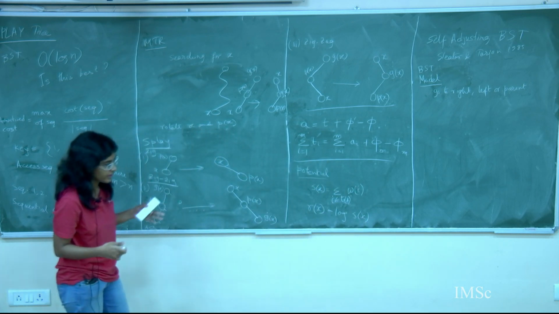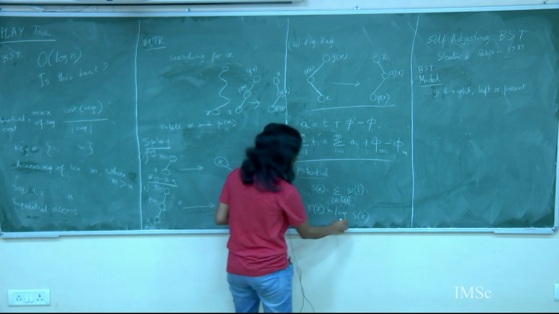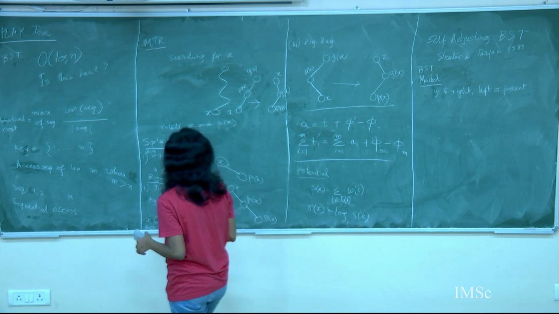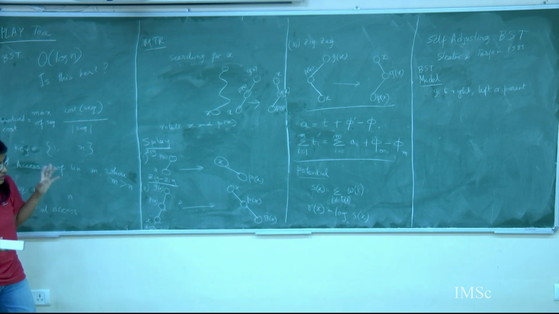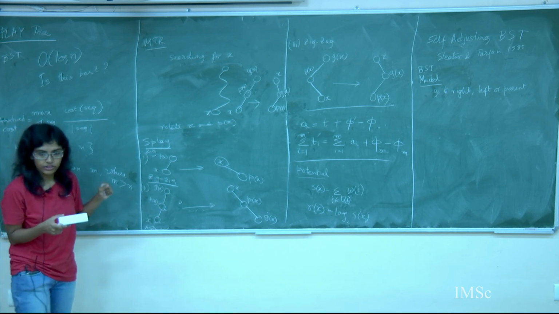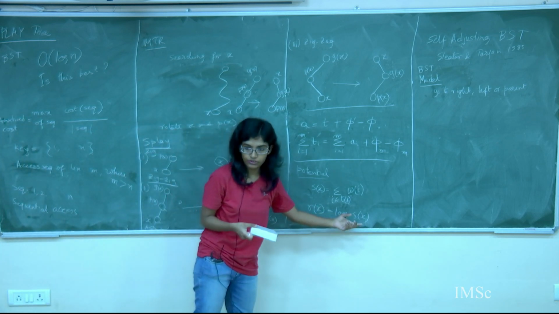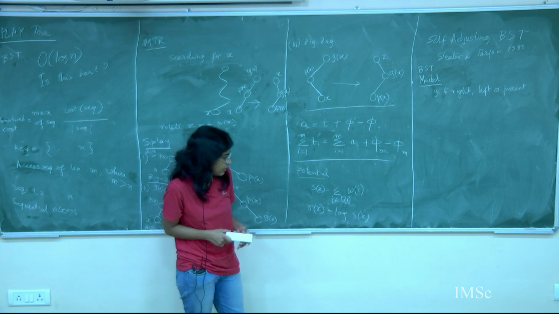This looks fair, right? Here we will take the discrete log. This is kind of the cost that you get in a balanced tree, the log of the size of the tree.